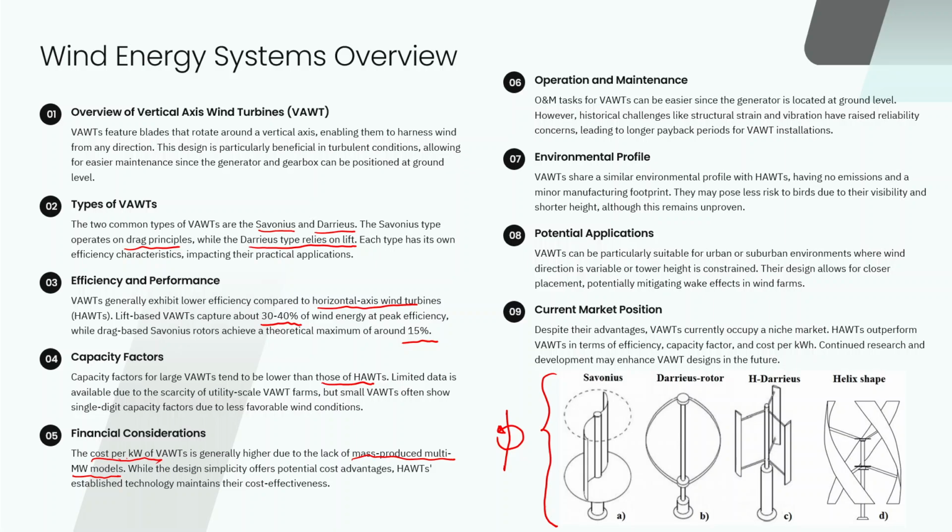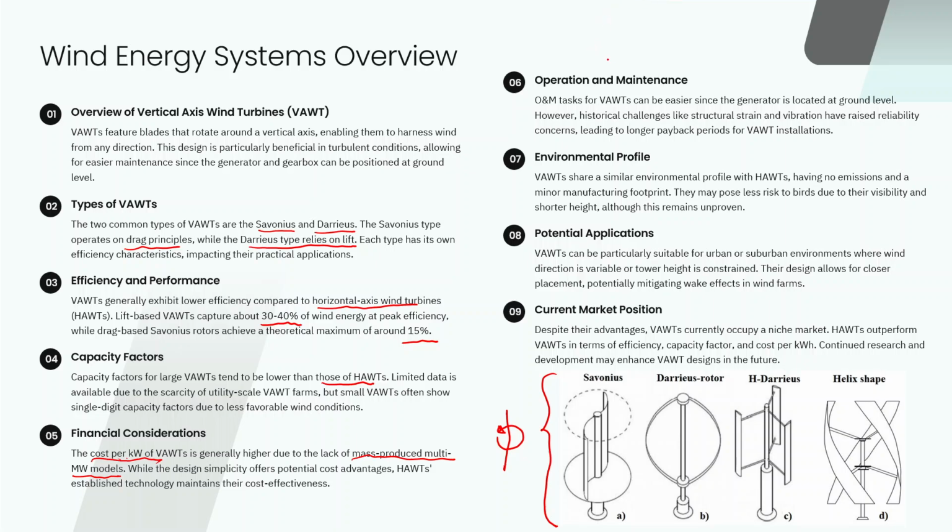Because of that, the capital cost would be high. But the simplicity of the design of this type of wind turbine gives it the potential of having a cost advantage over the horizontal axis wind turbine. But we are yet to see the technology booming.